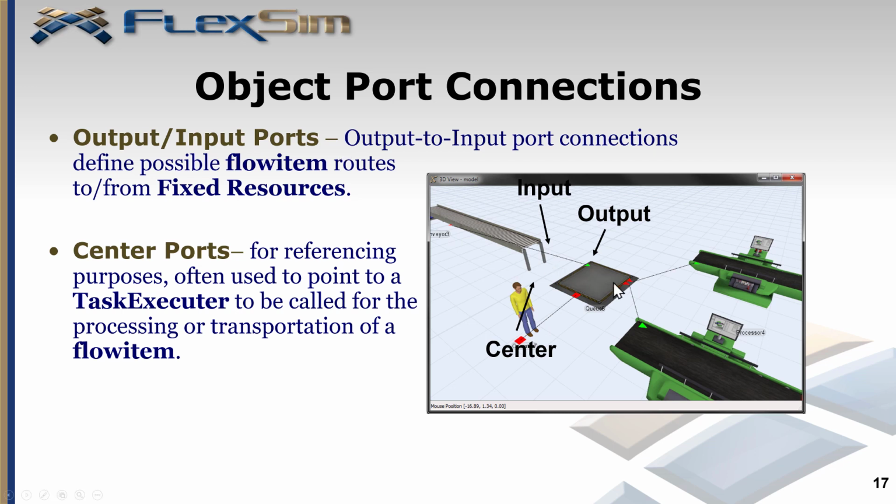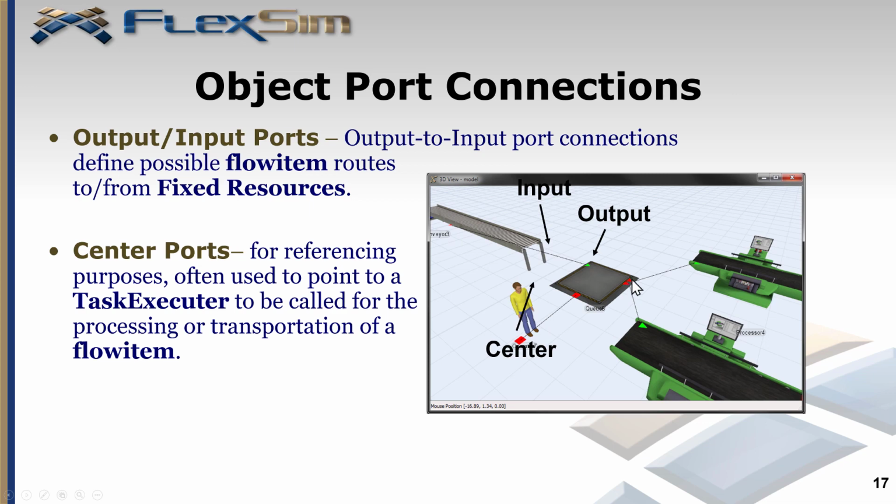So if we look at this queue in this screen capture of a 3D model view, where a conveyor is sending items to the queue, and then the queue has connections downstream to one of two processors, you can see that this arrow here is pointing towards the queue. That's an input port.